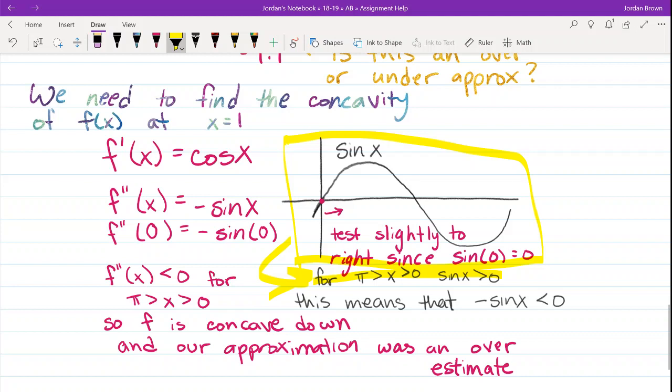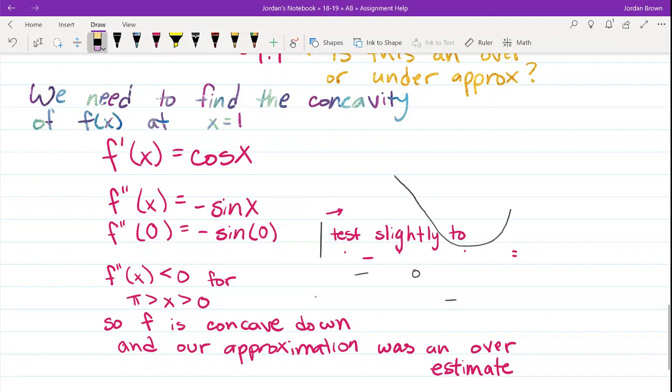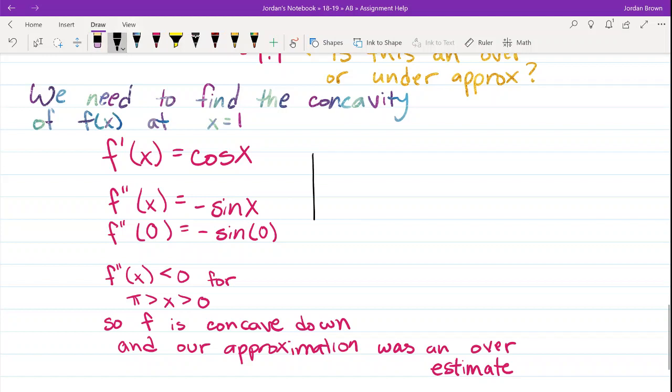Okay, so I see where all of our confusion is, and I'm going to fix it by just erasing all of this part. And I'm going to actually draw the negative sine of x graph.